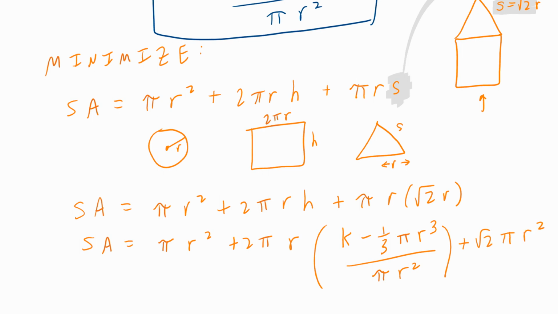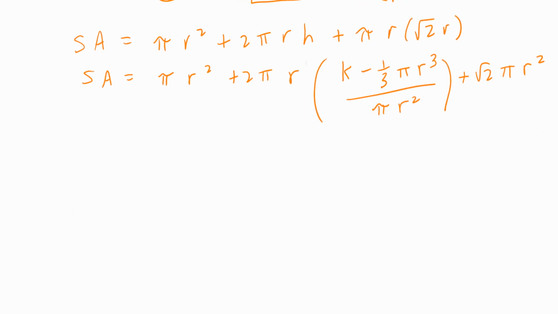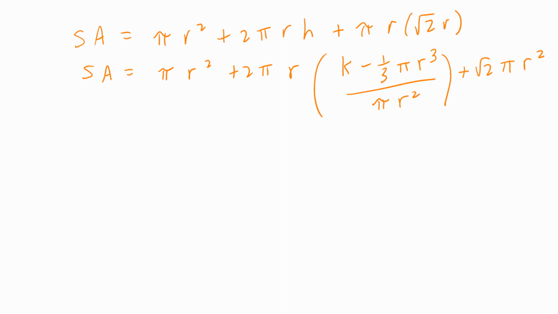So again, we're expressing the surface area only in terms of r. Now, before we take the derivative, set it to 0, solve for r, plug it back in, it is extremely important that you collect like terms and simplify this as much as possible. So let's go slow and methodical.